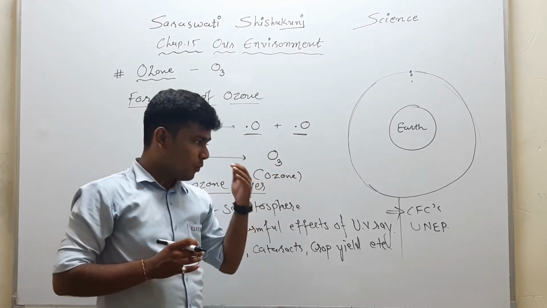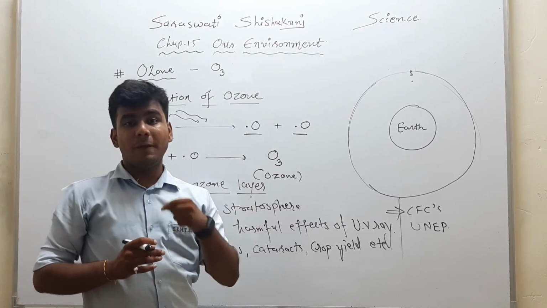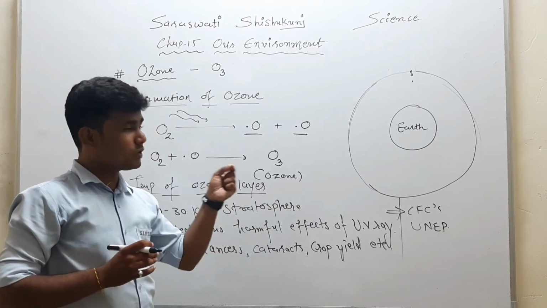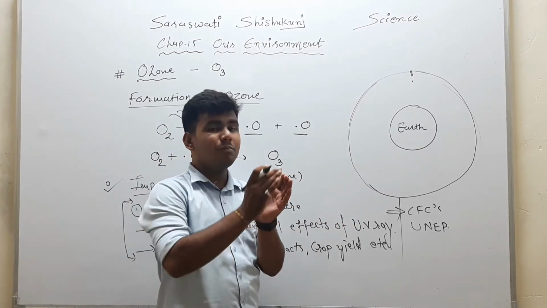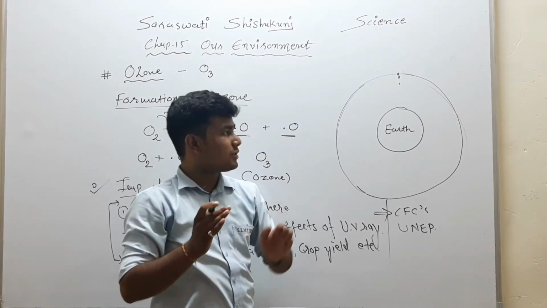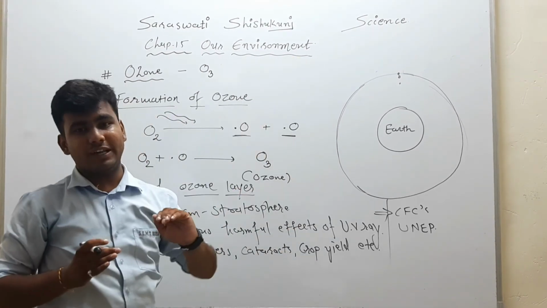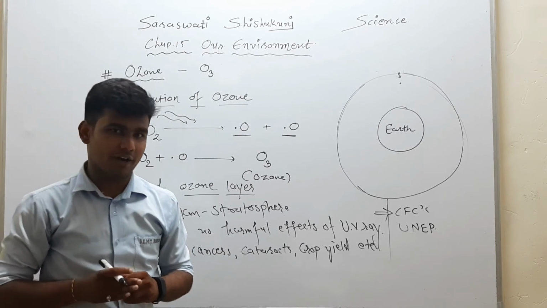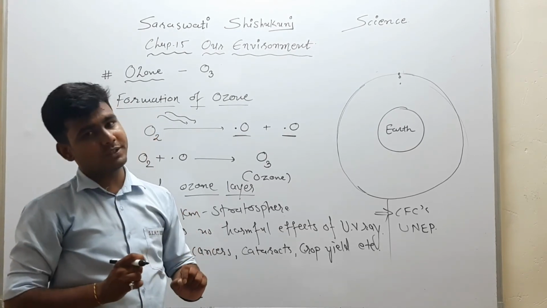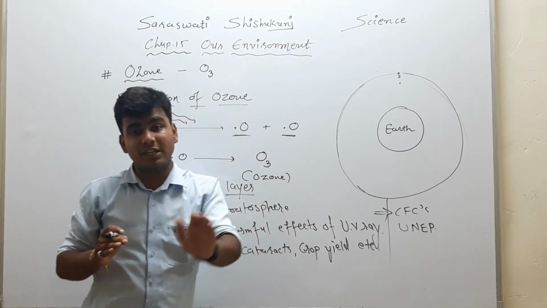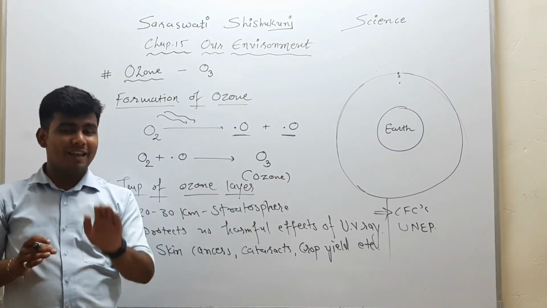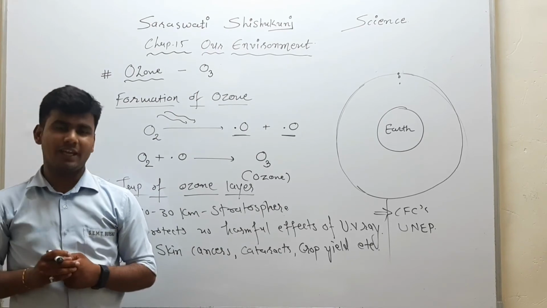One chlorine atom can break down millions of ozone atoms. Because it is stable and can move upward, it can easily reach the ozone layer. That's why it is very harmful for us. So we have to use instruments which release less CFC in the atmosphere.